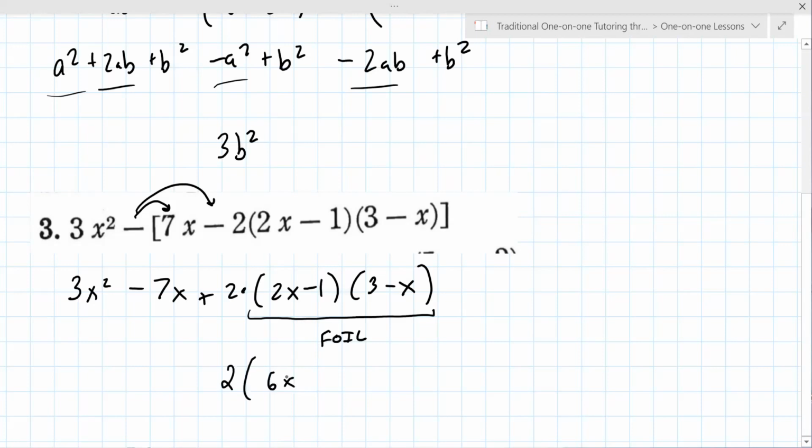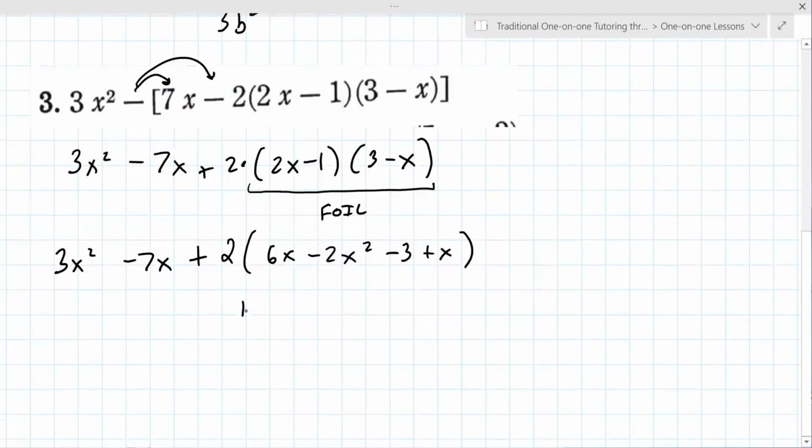So it's 6x. All right. Minus 2x squared minus 3 plus x. Okay, and then now you're just distributing it. So you get 12x minus 4x squared minus 6 plus 2x. And you got this other stuff over here. And then you just combine like terms.